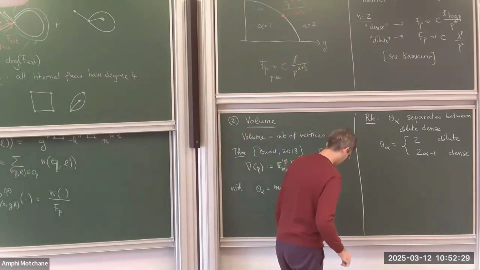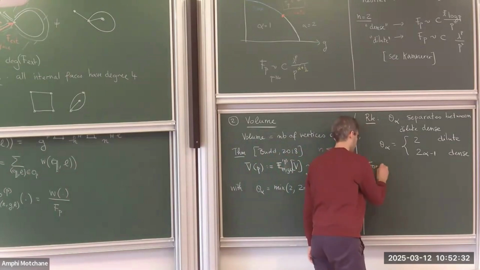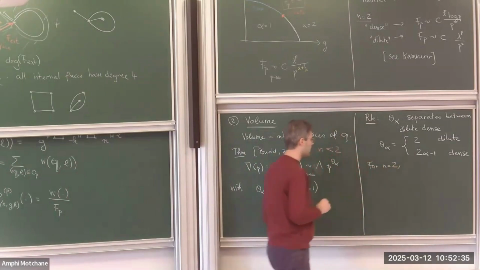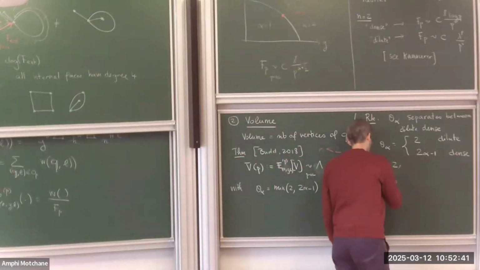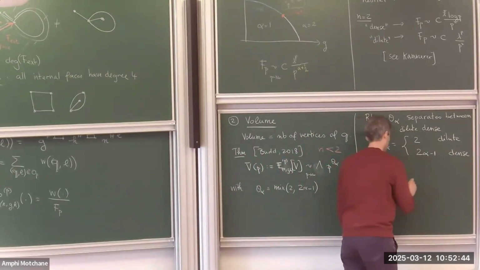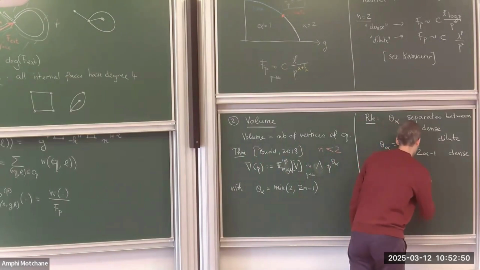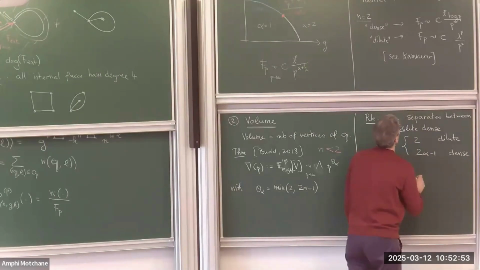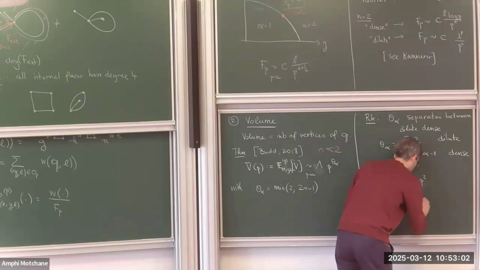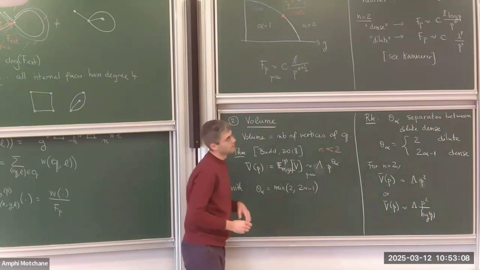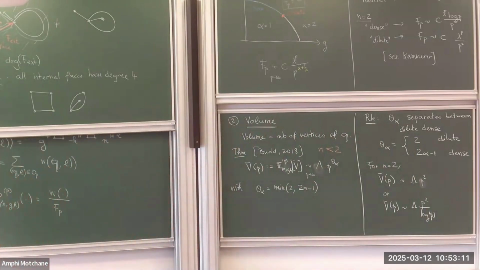And for n equals 2, we established with XingJian and Élie that V bar P is some constant again times P squared, with a log P correction coming from the other type of behavior of the partition function.